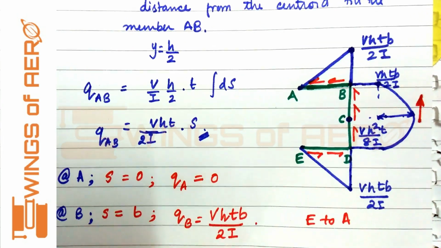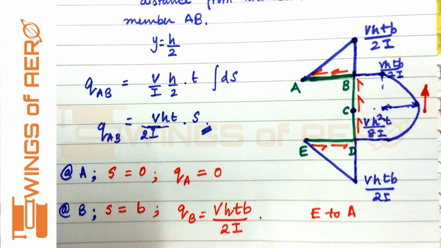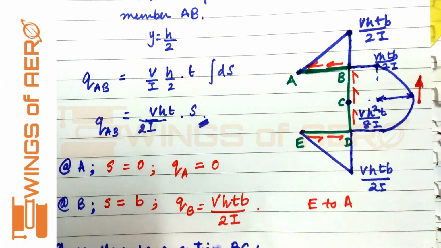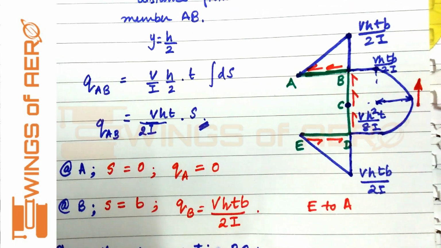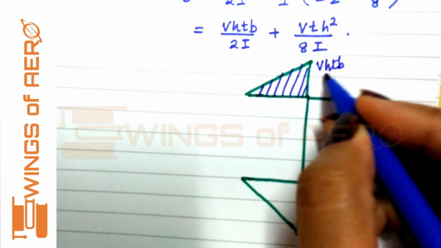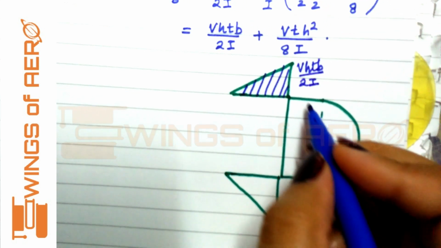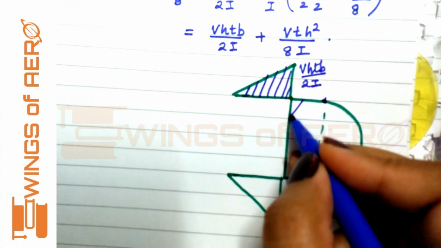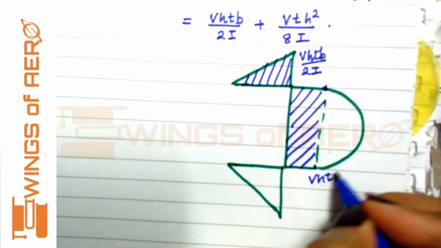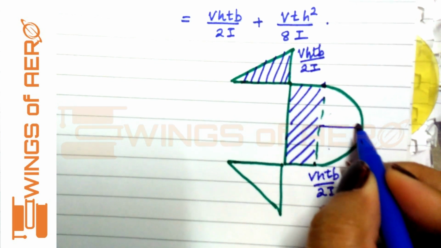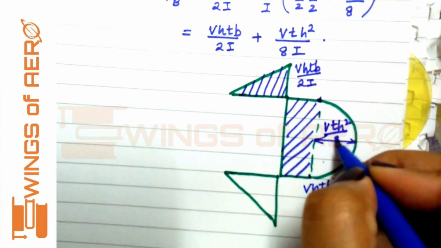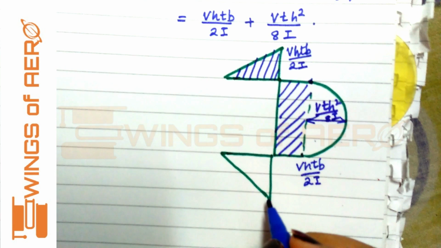Now how to find the shear center? To find the shear center, let's find the shear force of this particular cross section. This center region has a magnitude of V h t b / 2I, and up to this region is V h t b / 2I, and this one is V t h squared / 8I, and similarly this one.